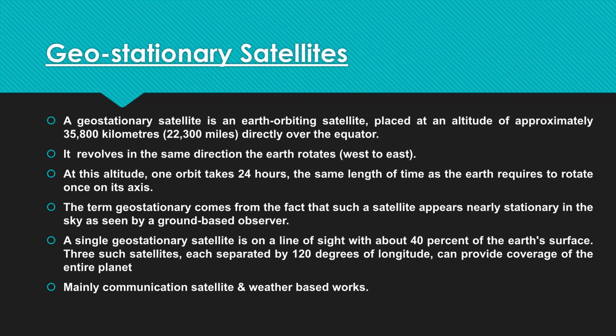At one particular time, a single geostationary satellite can cover approximately 40% of the Earth's surface. So we at least require 3 satellites working simultaneously to cover the entire Earth. The main work of geostationary satellites is weather based or for communication.